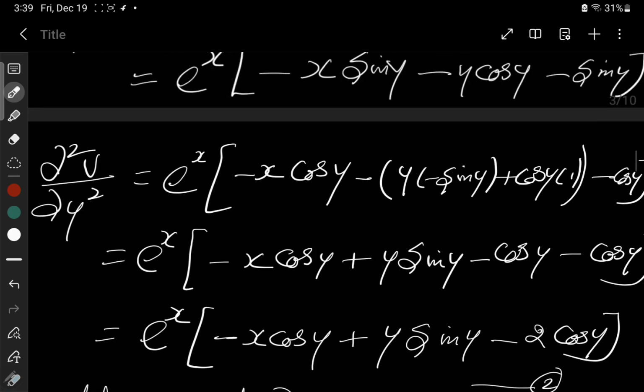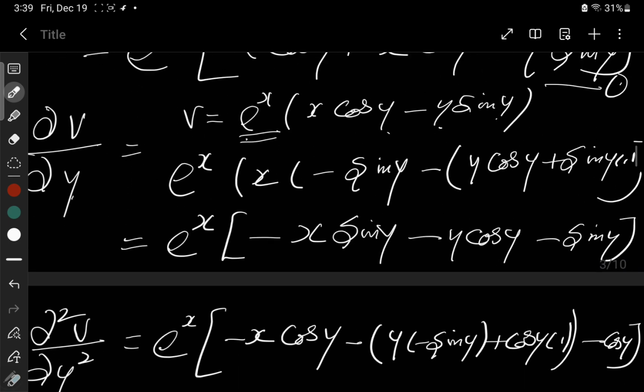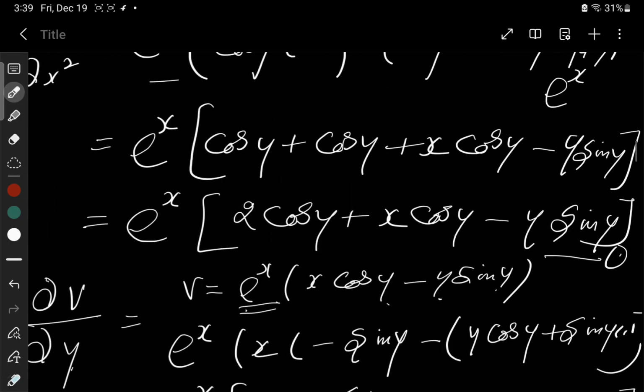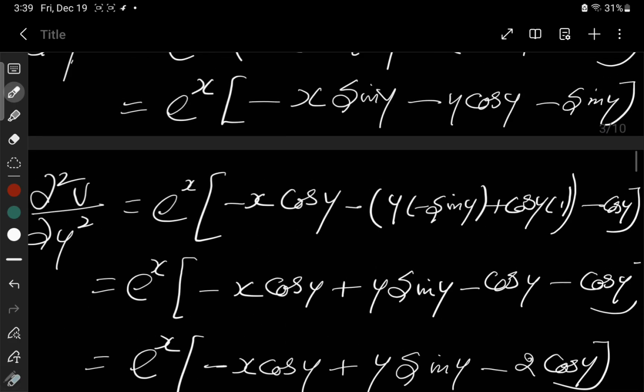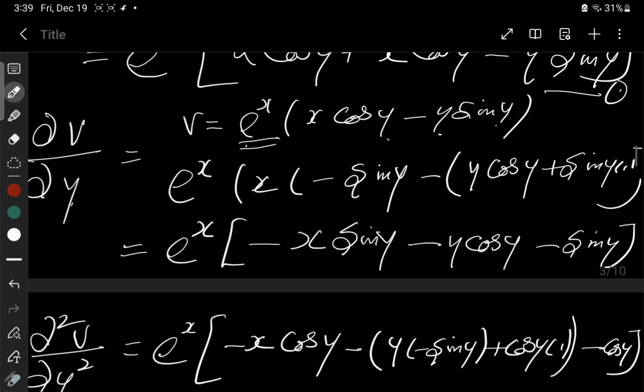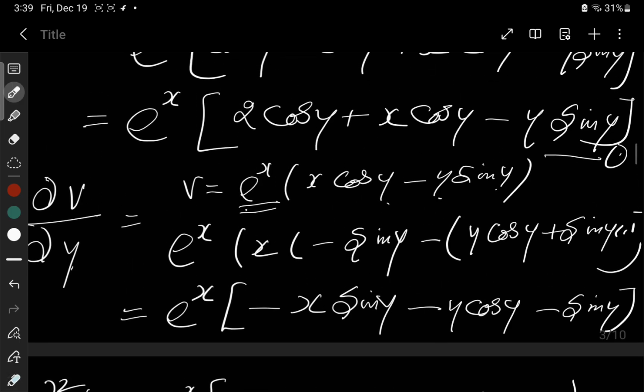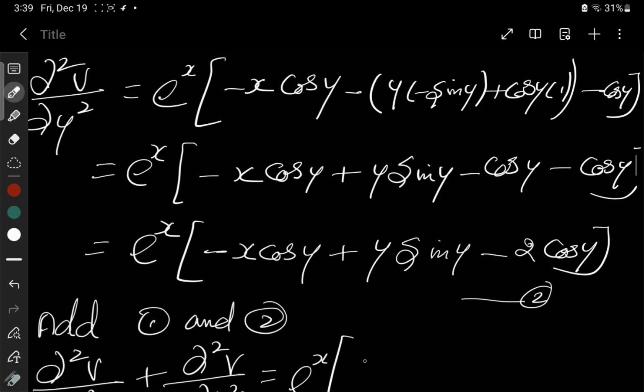You add the right side expressions. Here e power x is common. Write e power x, then write the bracket terms: 2 cos y plus x cos y minus y sin y, and 2 cos y plus x cos y minus y sin y.